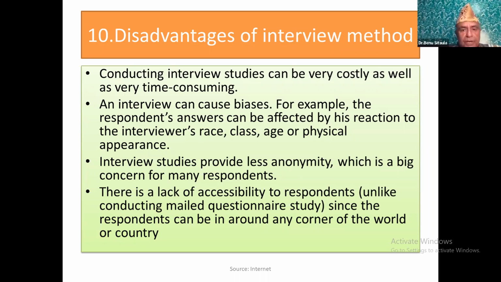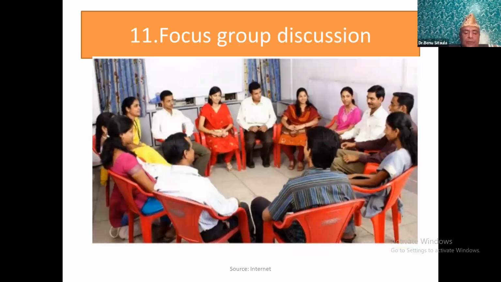Now we are coming to focus group discussion, in short form, FGD. The focus group discussion involves gathering people from similar backgrounds and experiences together to discuss in a specific place.